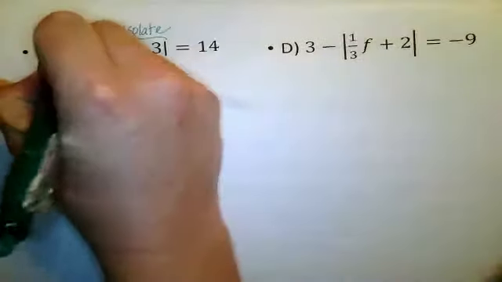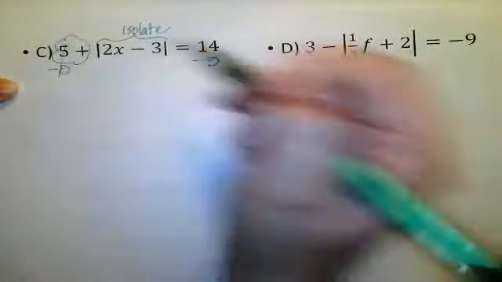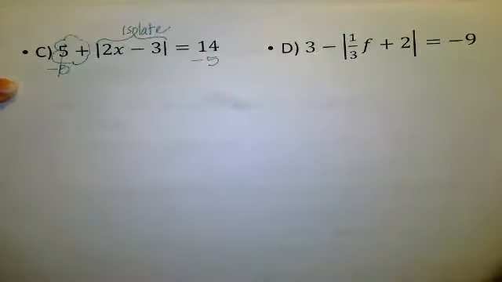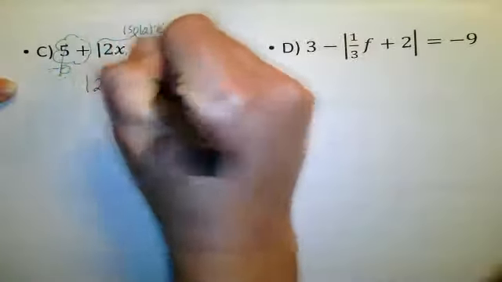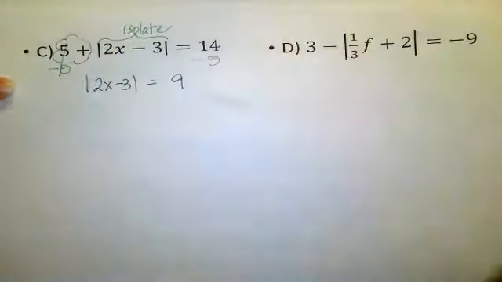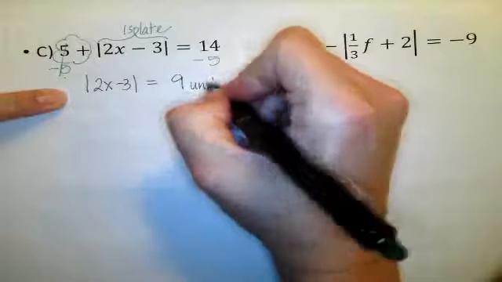So I'm going to go ahead and move this 5 to the right. Positive 5 and negative 5 go away. And now my equation is absolute value of 2x minus 3 is equal to 14 minus 5, which is 9. Now I'm 9 units from 0.